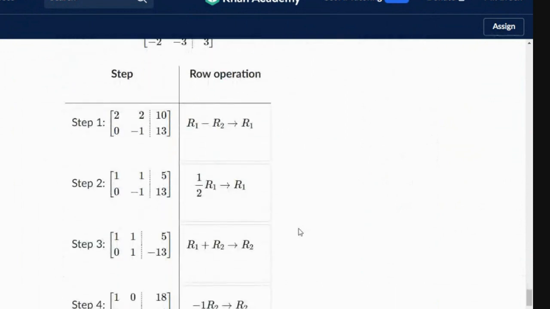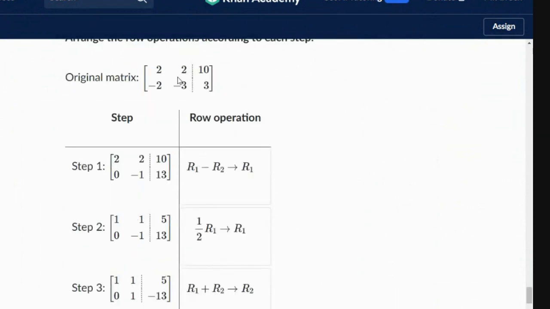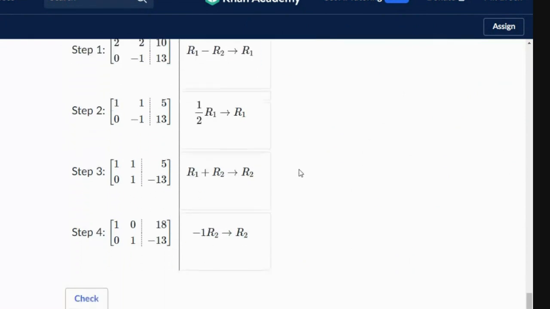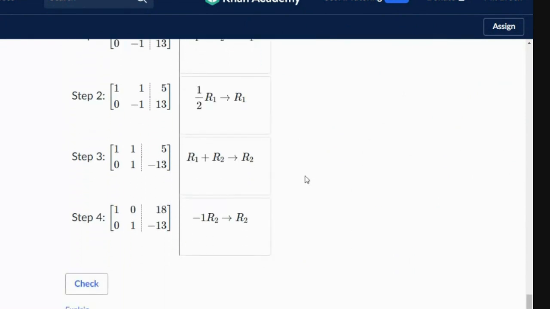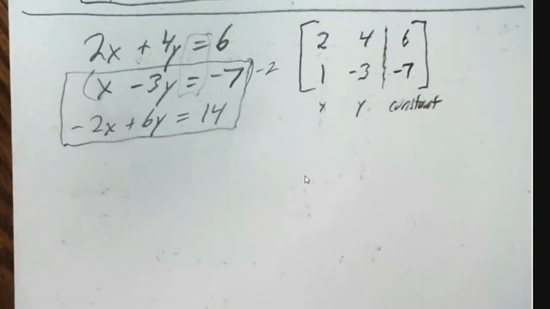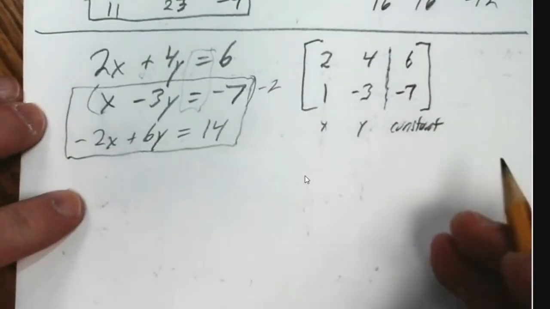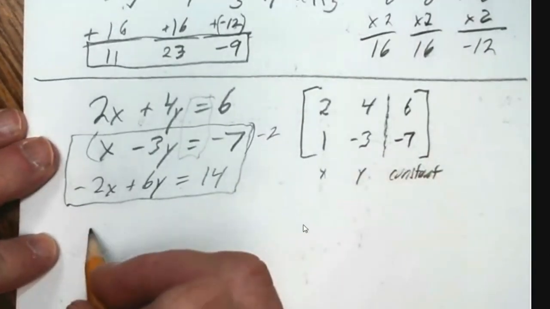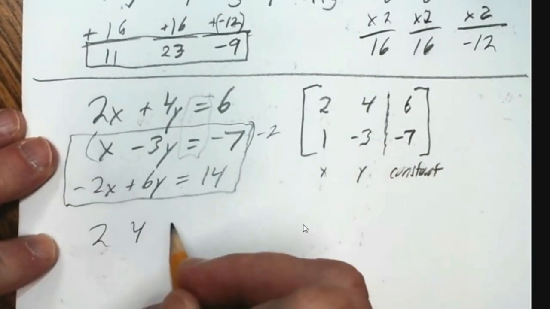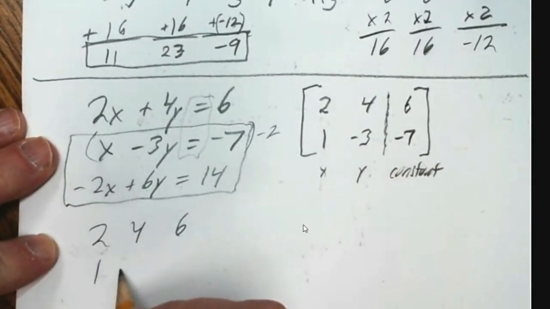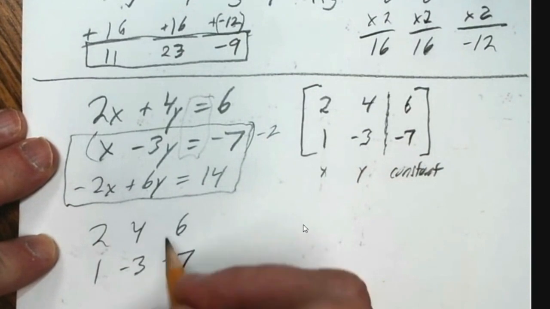So you might see these different operations. If we were trying to solve this, 2, 2, 10, -2, -3, 3, first thing we do is think, okay, let's subtract a row. Actually, let me step through it on the problem that I have right here, because I'll show you why we're doing this. All right. So let's go back to the original matrix I had right here. 2, 4, 6, 1, -3, -7.